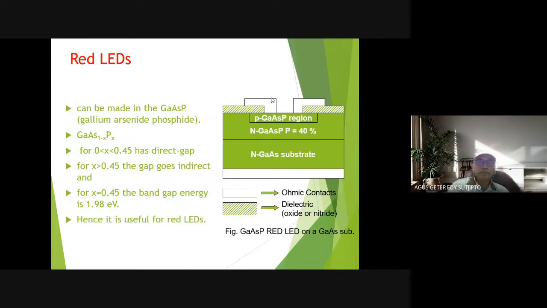And if you do research or fabricate the gallium arsenide phosphide with a different concentration, a different percentage of arsenide and phosphide, we can use this structure.